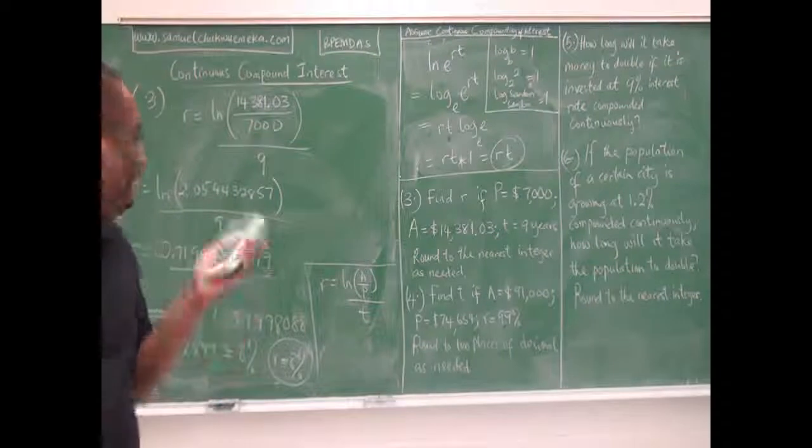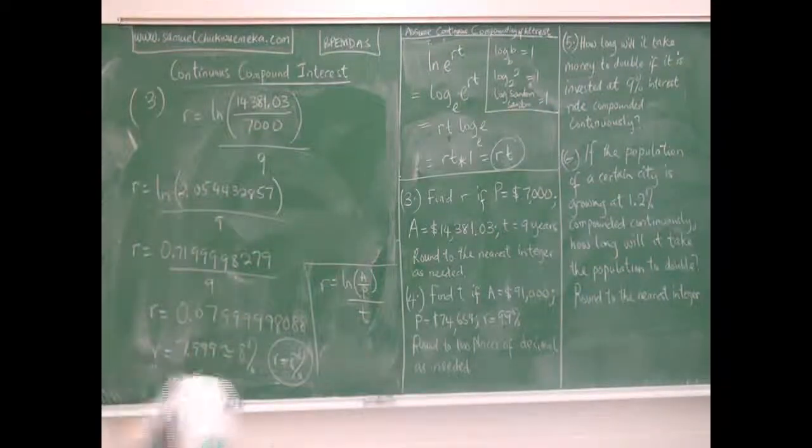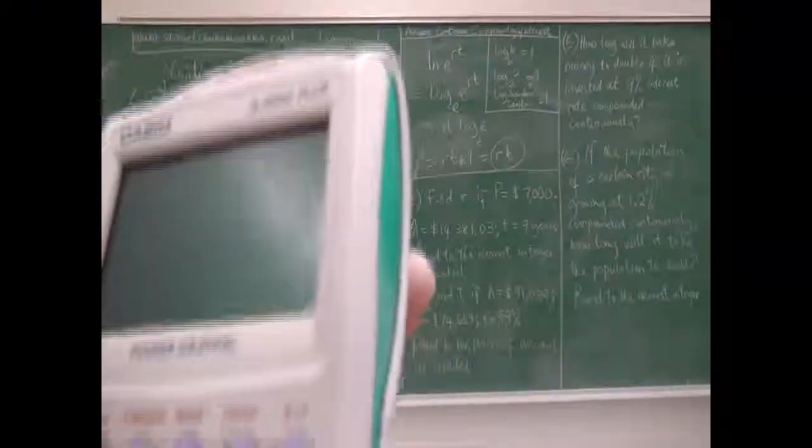Okay, let me show you the way I did it here, and also the way to do it with the calculator and the computer. So what I did was 14,381.03 divided by 7,000. It gave me this. Now my ln is on the black button, so I don't need to press shift.